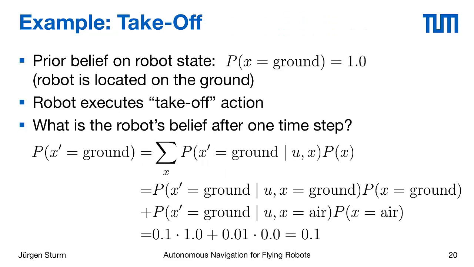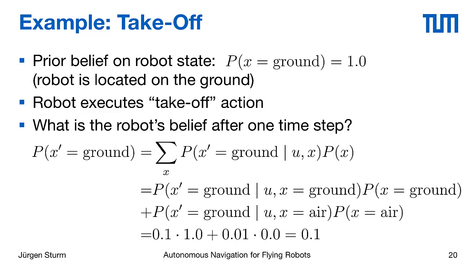To illustrate this once more for the takeoff example, imagine that our prior belief on the robot state is that the robot is located on the ground. So P of x equals ground is 1. Then the robot executes a takeoff action once, and we are interested in computing the probability of the robot being still on the ground after this action.